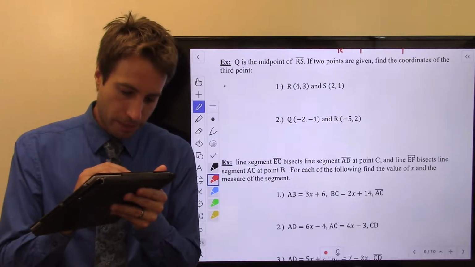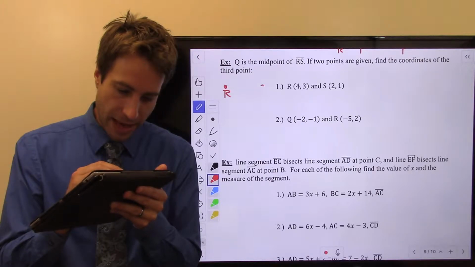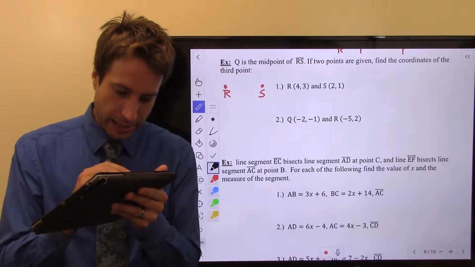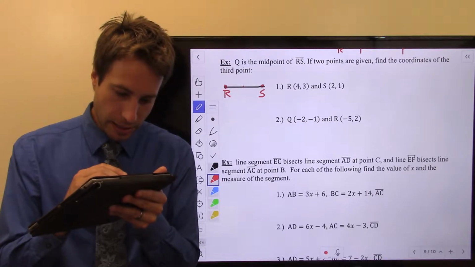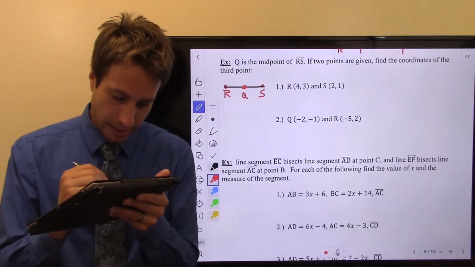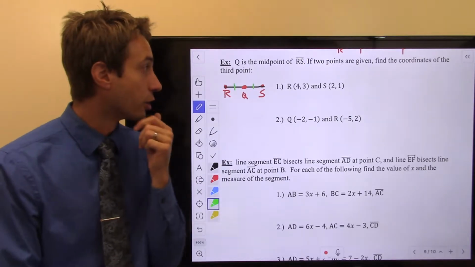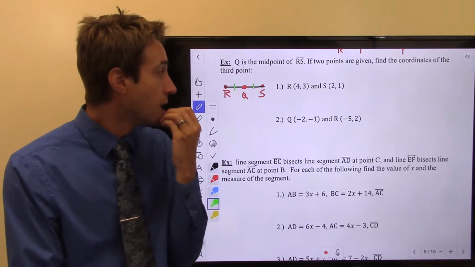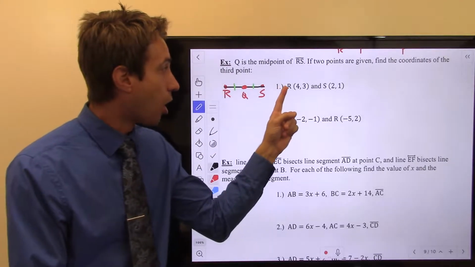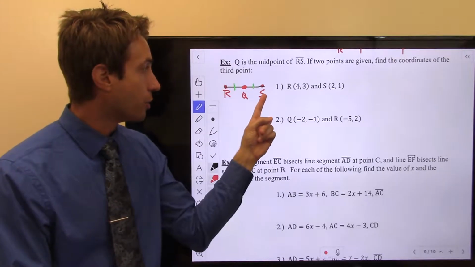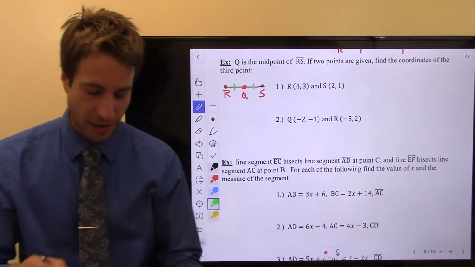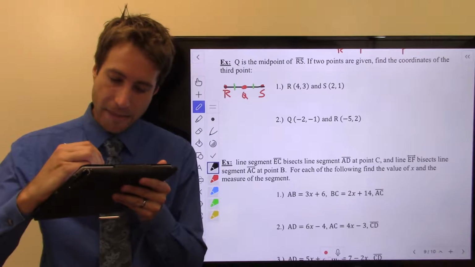I have R. I have S. And I tell you that Q is the midpoint, which means those two segments are congruent to each other. And here we go. I've given you R, I've given you S. You know R, you know S. I'm asking you to find Q. All right, so let's find that midpoint.